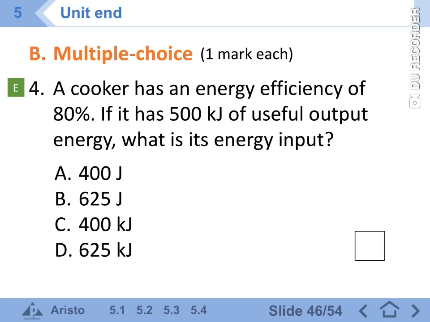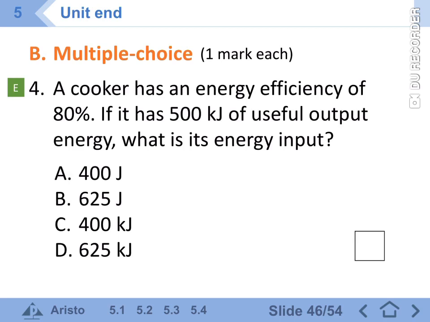So in here, we need to do the change of terms. And if you look at the answers, without doing any calculation, we know that for sure the input energy has to be more than the output energy. So the answer has to be more than 500 kilojoules.